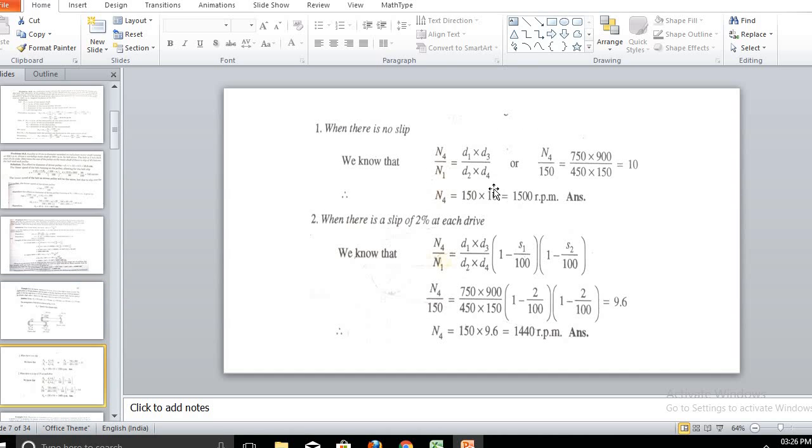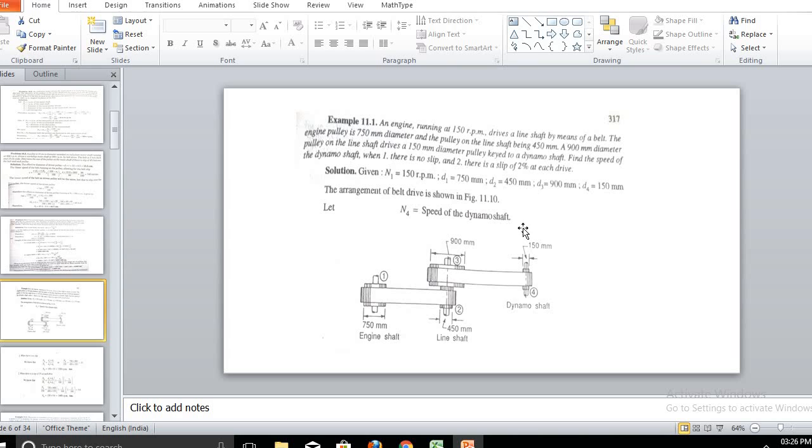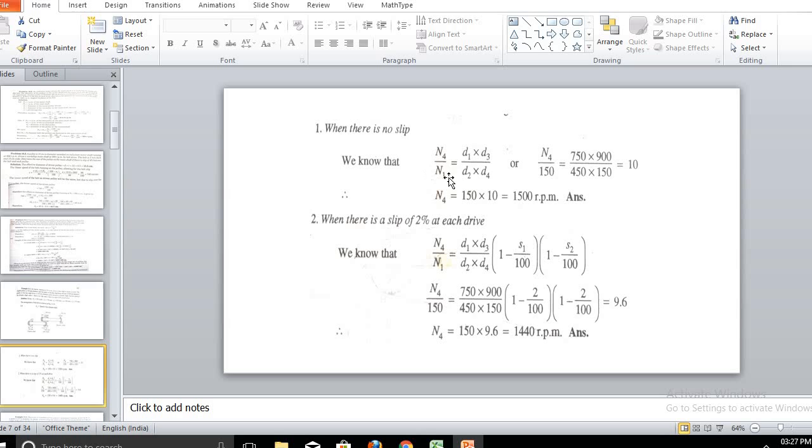In this example we have to calculate N4 by considering no slip, and again calculate N4 by considering a slip of 2% at each drive. In the first case, N4 is calculated without slip.